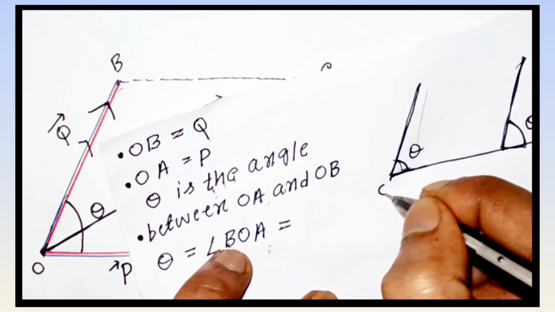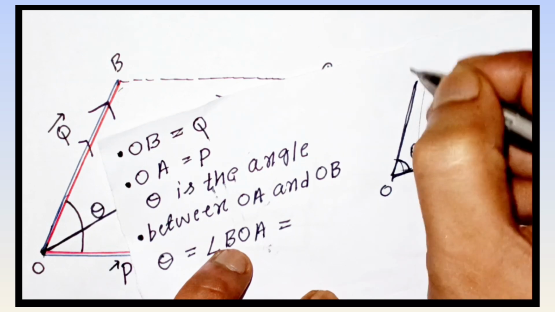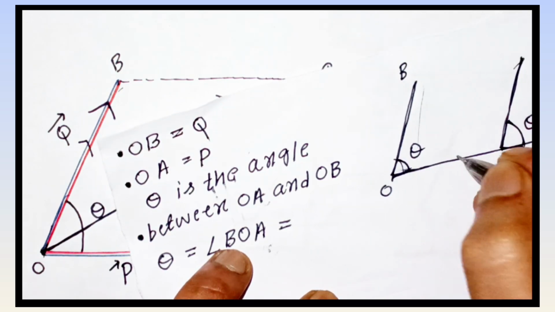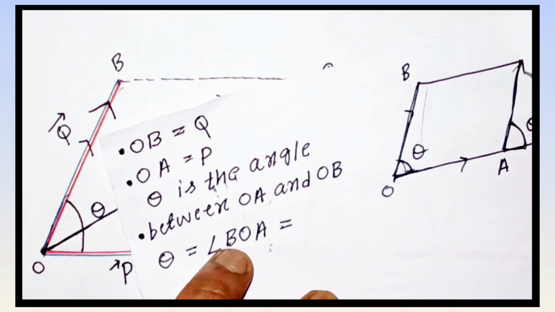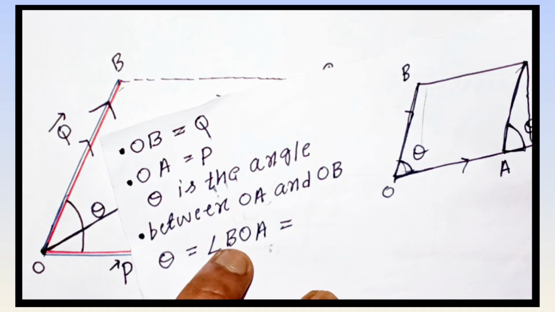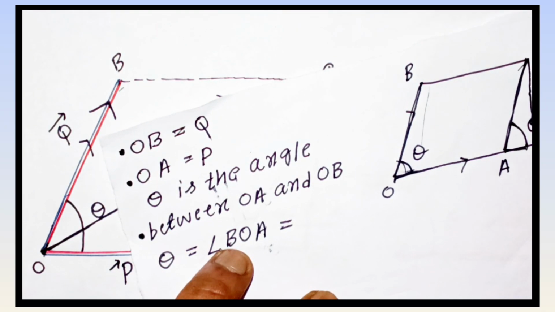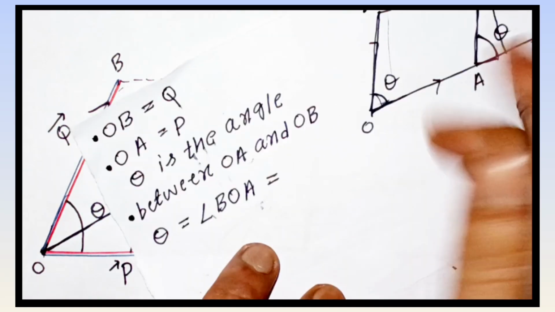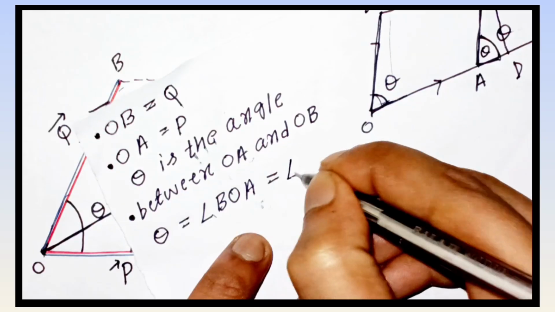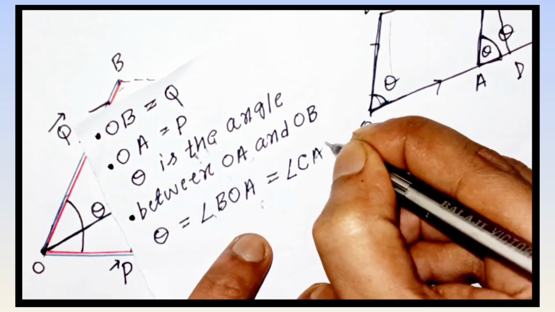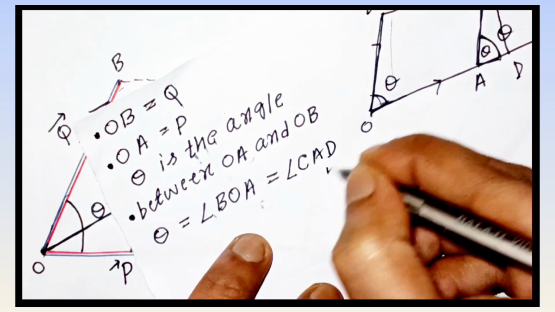So that is the theorem. Obviously you know that. Here we note down again: this BOA angle equals this angle theta. So we can write BOA equals CAD. Understood? Yes or no? Drop your comment in my YouTube section.